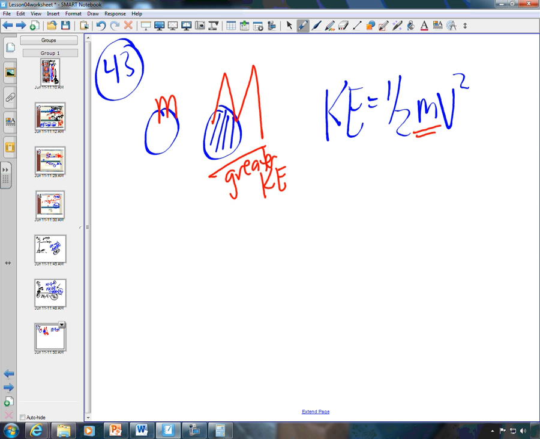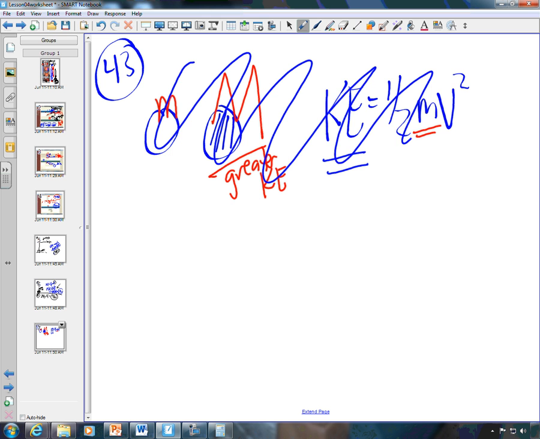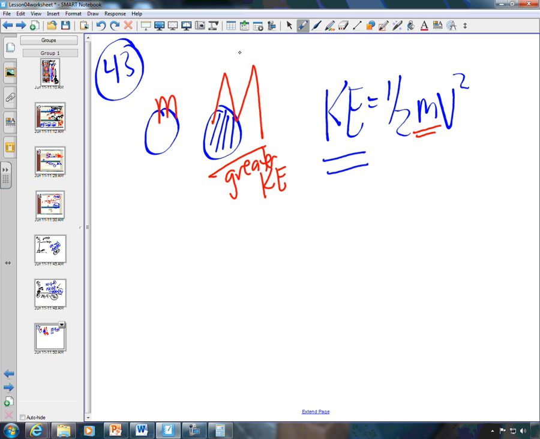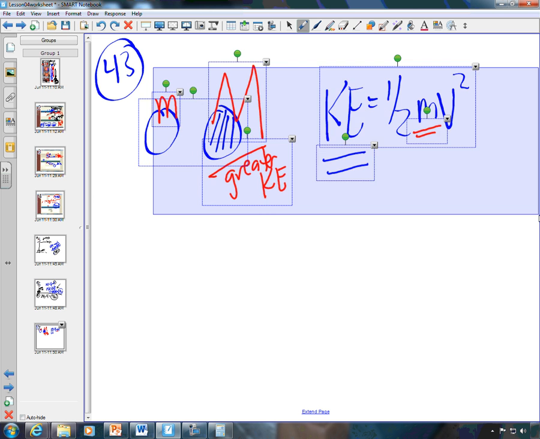Now, looking back, the question itself actually says that the kinetic energies are equal. So I think that was a nice little discussion, a good pre-question example. Okay? So just move this off to the side in your minds.